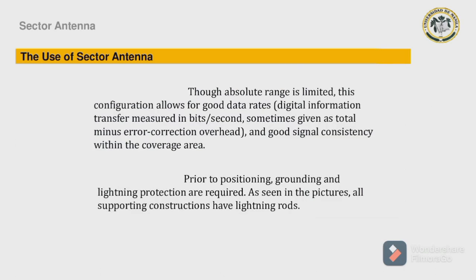Though absolute range is limited, this configuration allows for good data rates, or digital information transfer measured in bits per second, given a total minus error correction overhead, and good signal consistency within the coverage area. Prior to positioning, grounding and lightning protection are required. As seen in the pictures, all supporting constructions have lightning rods.